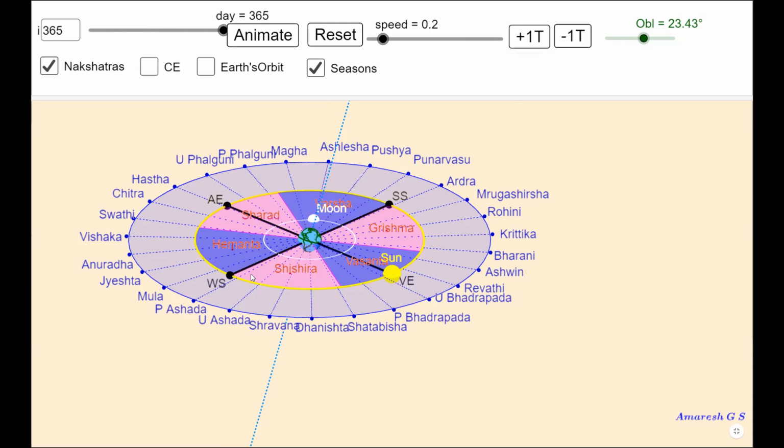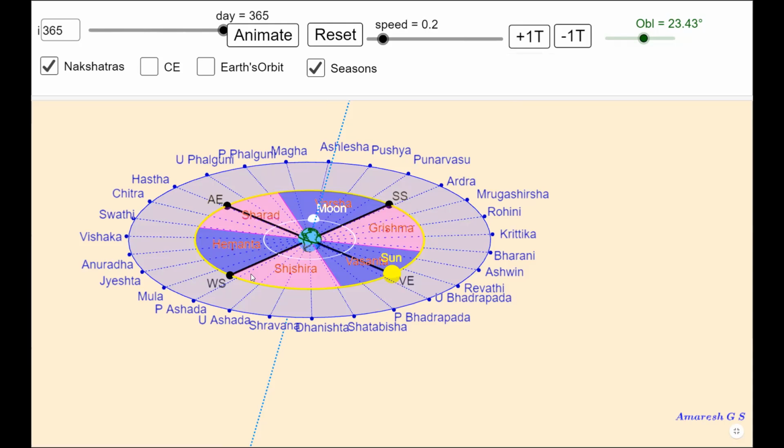The day of summer solstice should match with 21st of June. The day of autumnal equinox should match with 20th of September. And the day of winter solstice should match with 21st, 22nd of December. In this regard, the Gregorian calendar does a decent job.